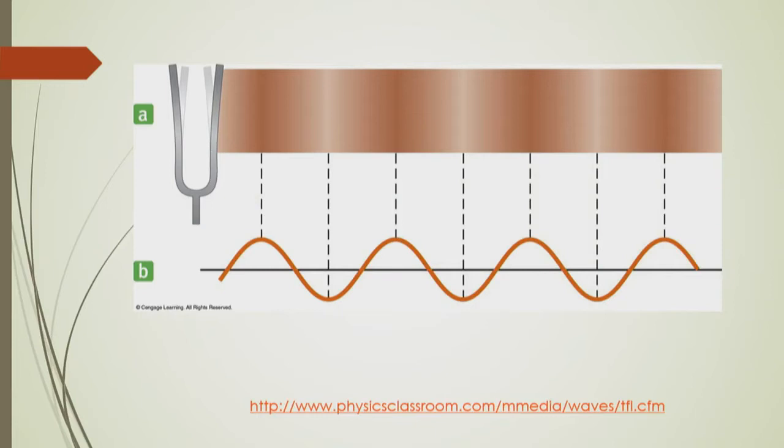If I look at how that goes back, I can see we can cause those compressions to be the amplitude, the rarefactions being the troughs. But remember, the amplitude of my wave is measured from that midpoint. That's how I'm defining amplitude.